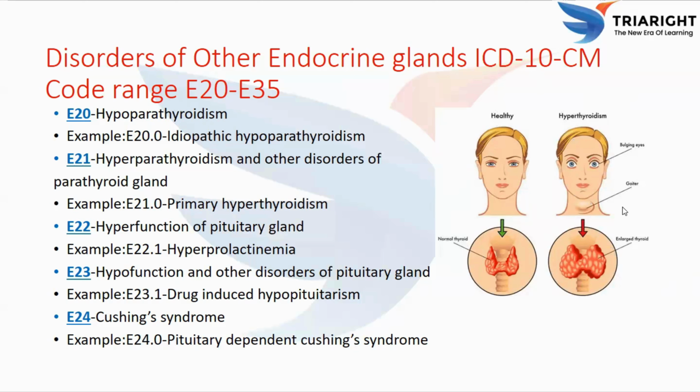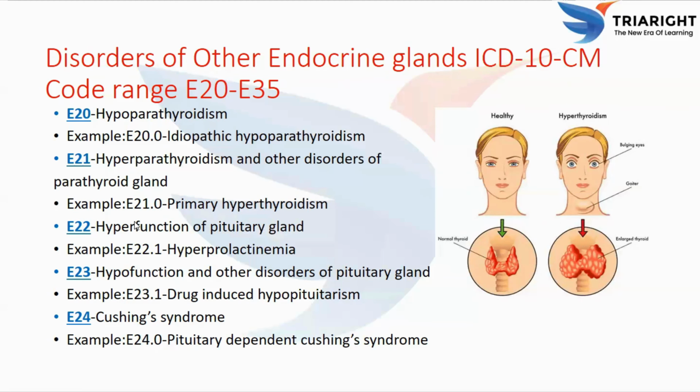Due to the excess thyroid hormone. Although this image shows thyroid disease, it helps to understand clearly how thyroid gland overactivity affects body function. You can also see the goiter formation here. So bulging eyes, goiter and the enlarged thyroid gland are the effects of hyperthyroidism.